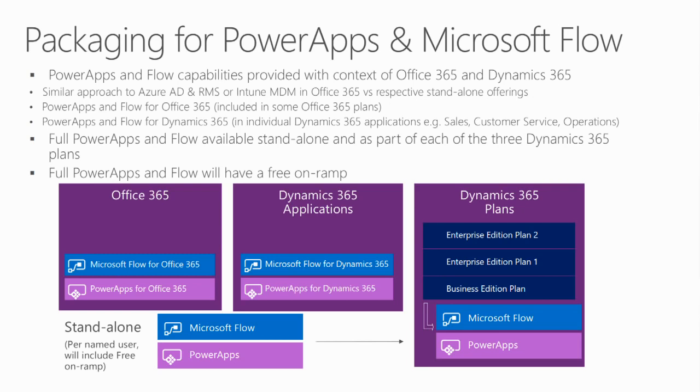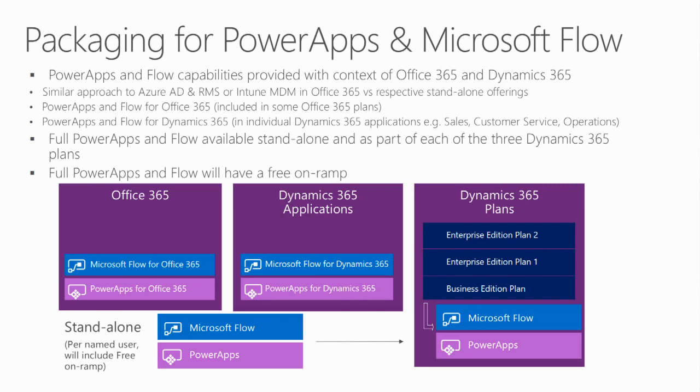But if you're already familiar with things like Power BI and other services spread across the different Office 365 SKUs, that same pattern will be followed. Think of E5 as being about analytics, so the analytics types of features will be available in E5 and so forth. I don't have an official slide to share exactly what will fall into each SKU, but that's the same pattern you've seen for other services.